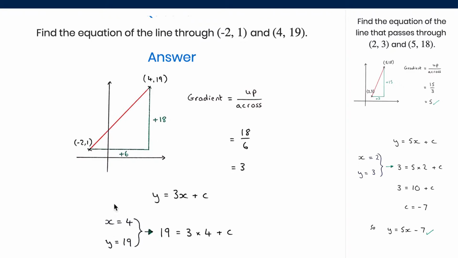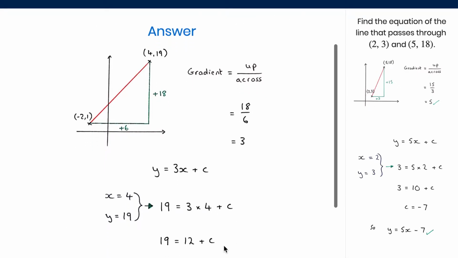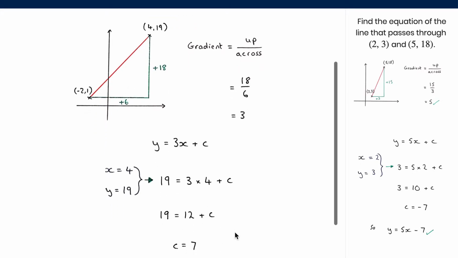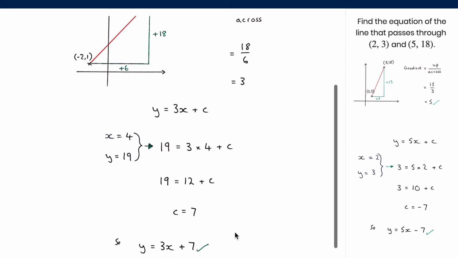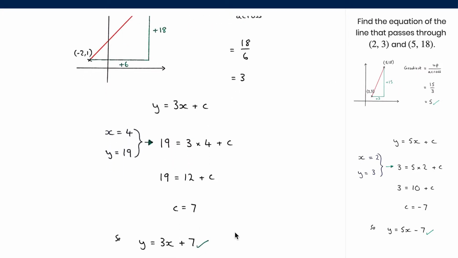So substituting x equals 4 and y equals 19 into y equals 3x plus c, we get 19 is equal to 3 times 4 plus c. And so 19 is equal to 12 plus c, because 3 times 4 is equal to 12, which means c is equal to 7. And that's it. Our equation is y equals 3x plus 7.